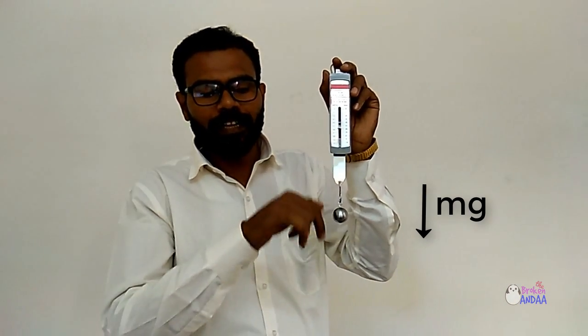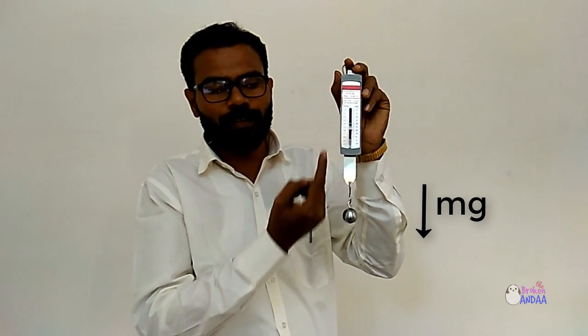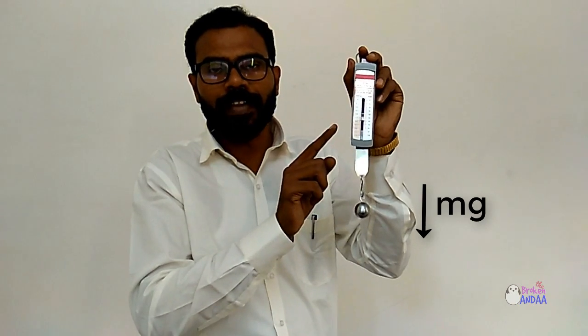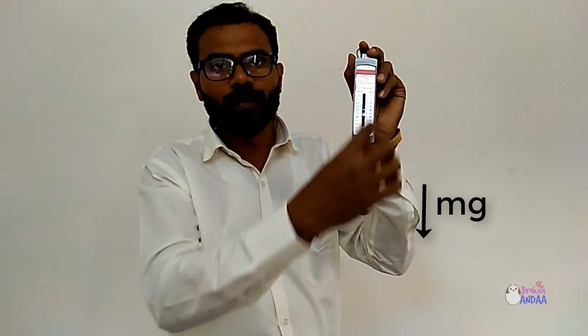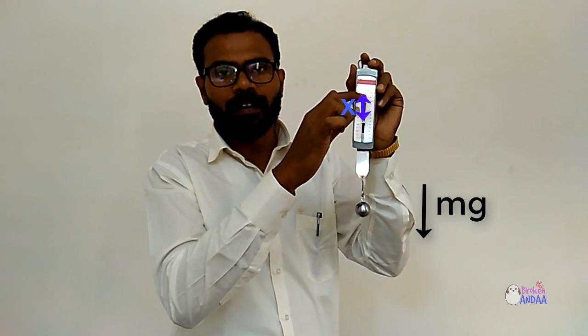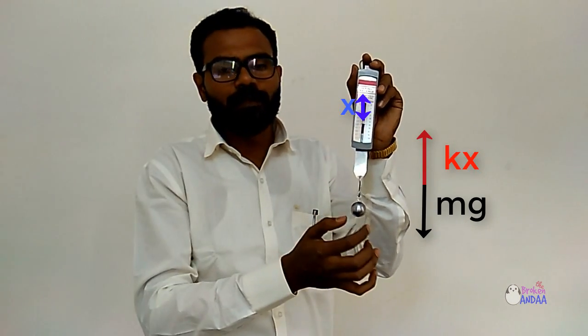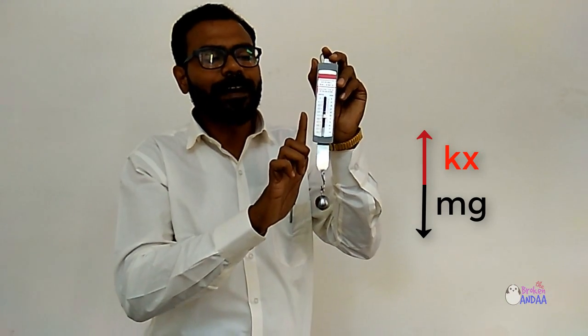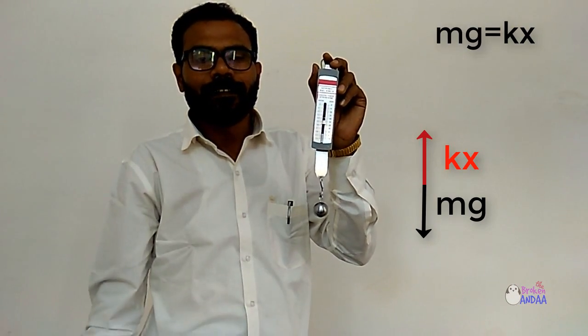That means an equal and opposite force is acting. What is that opposing force pulling it upwards? That is the restoring force of the spring, given by Hooke's law, equal to the stretch into k. So kx is equal to this. What's happening here is that mg is balanced by kx, right?